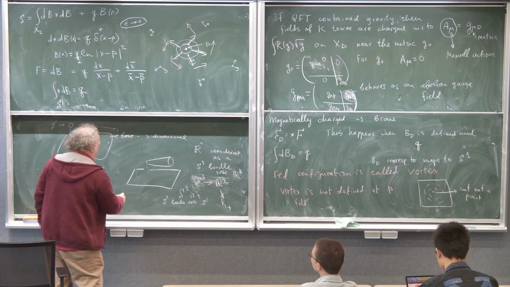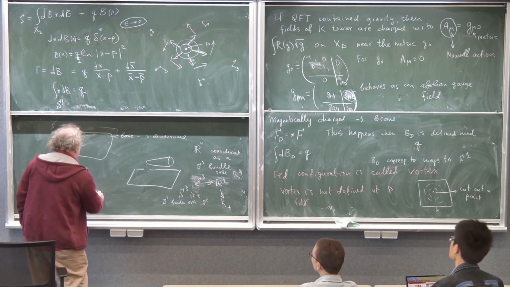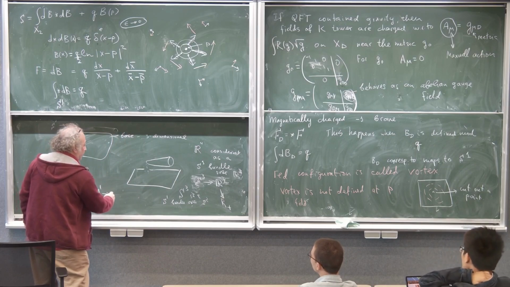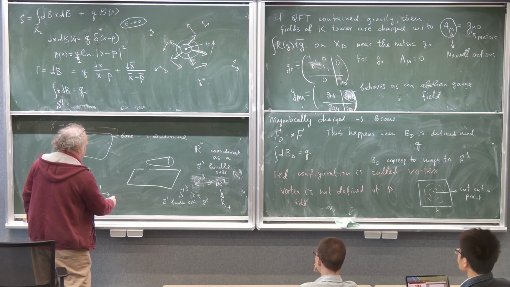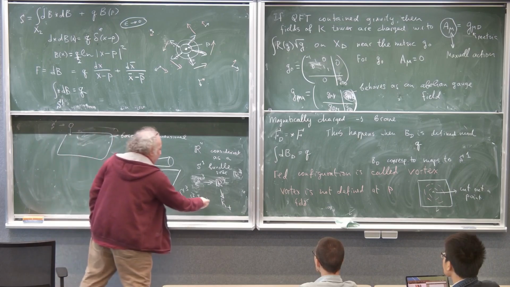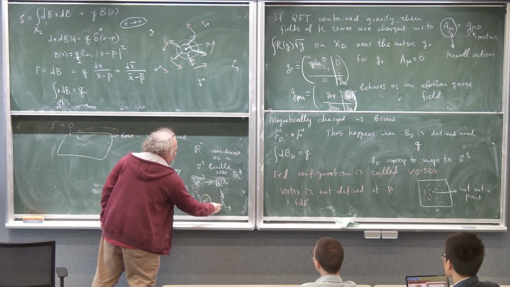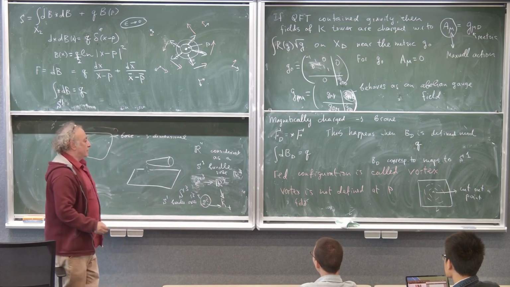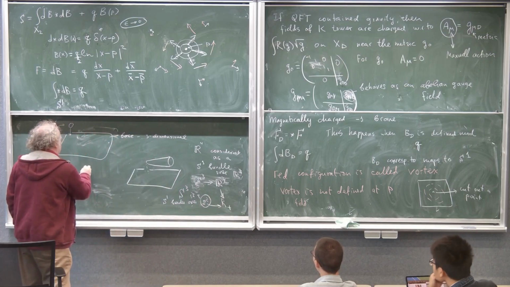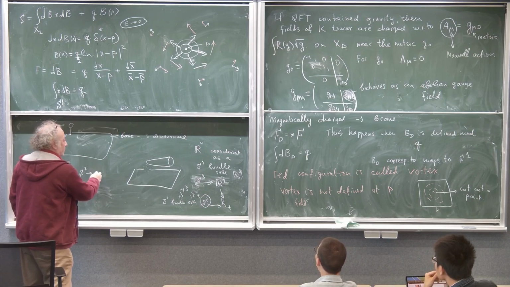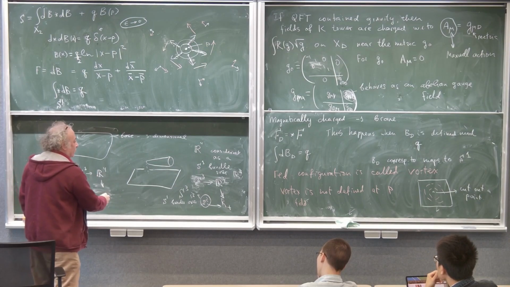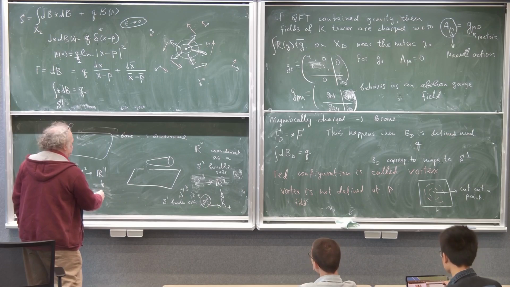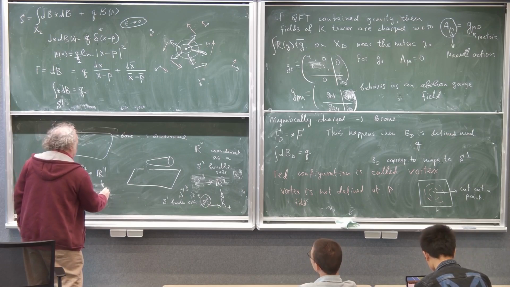So now I will say that it is S1, and here I take this S2 and put it into the base. So together I'll have an S1 bundle, and here is R4, and here is S2.